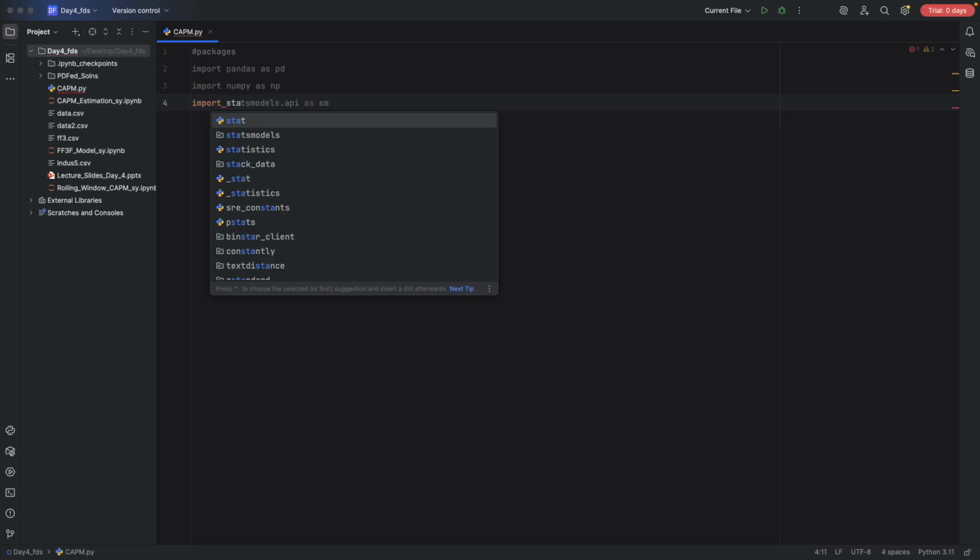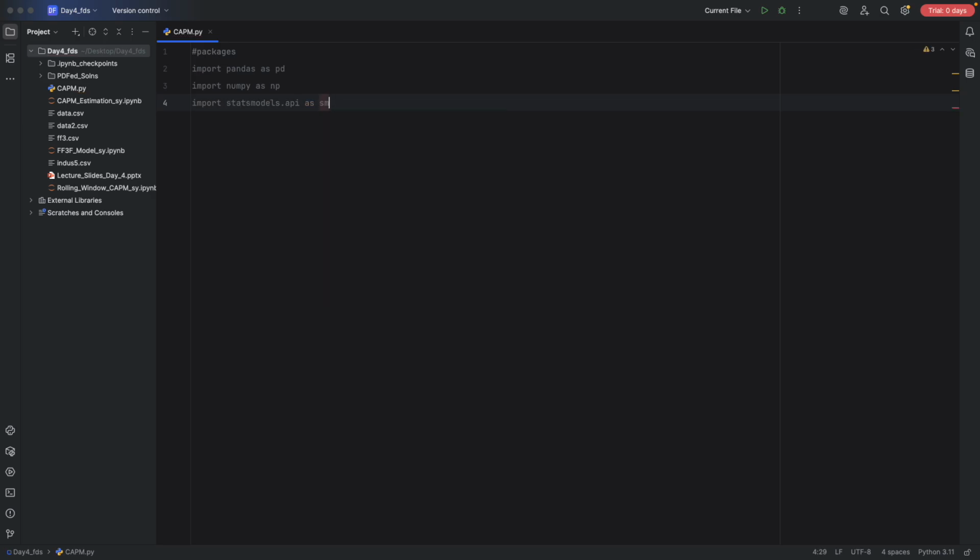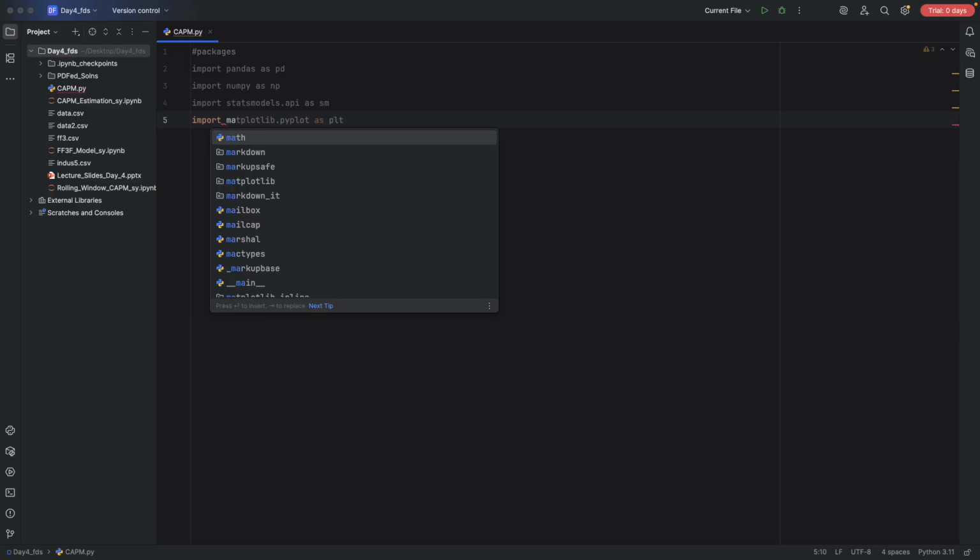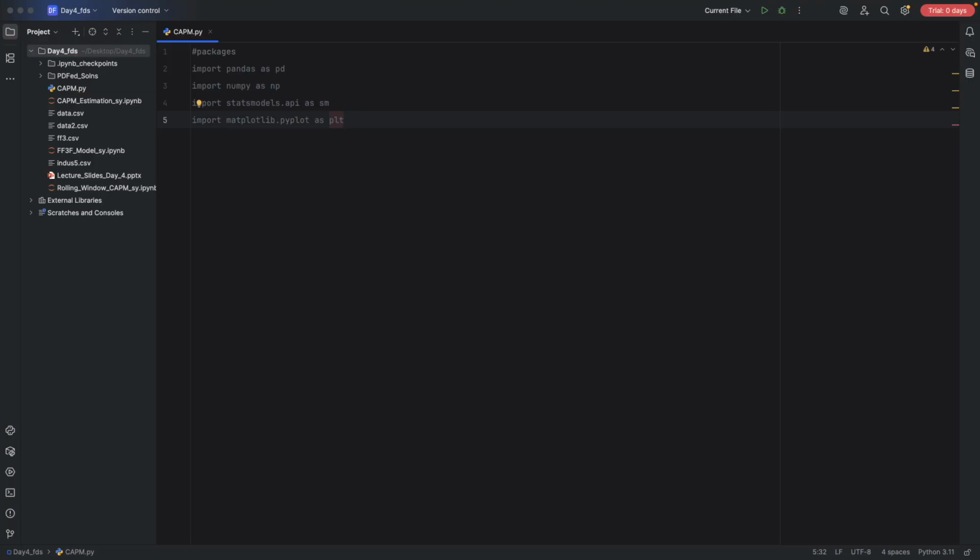So import statsmodels.api as sm, that's exactly what I want to use. And then I also want to plot the relationship between the excess returns and the market's excess return. So for that, I will also import from matplotlib.pyplot, and I call it plt. Okay, now I got everything I need.